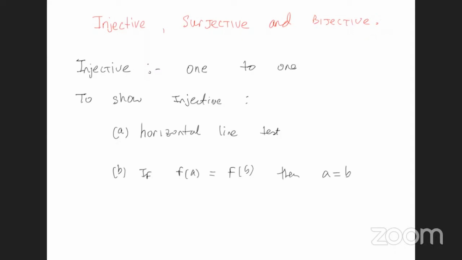The horizontal line test is the easiest, provided you can sketch it. Then we have the mathematical way: if f(a) equals f(b), then a and b should be equal. All that's saying is if you put a and b into the function, you should get them being equal.